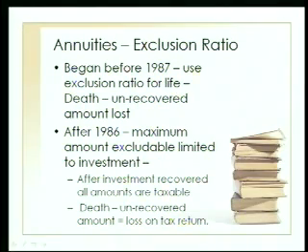Okay, so it depends on how we use this exclusion ratio based on when the annuity began. For annuities that began before 1987, this exclusion ratio is used for the life of the individual. So if for some reason the individual dies before they recover all of their portion, then the unrecovered amount is going to be lost.